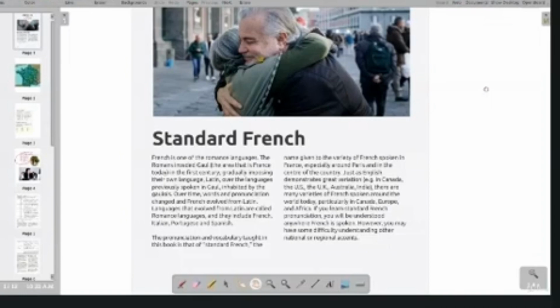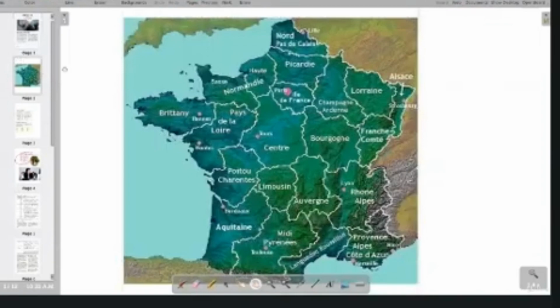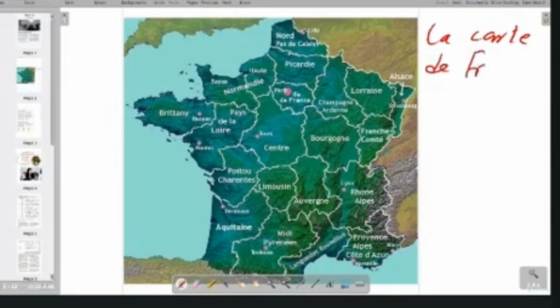What that means is that if we go to this map of France, in French we say la carte de France. So if we go to this La Carte de France, you can see some regions.